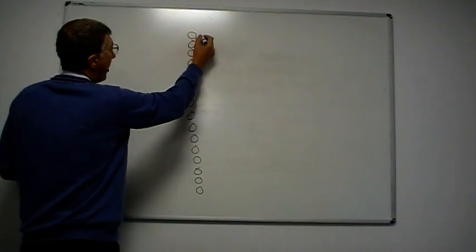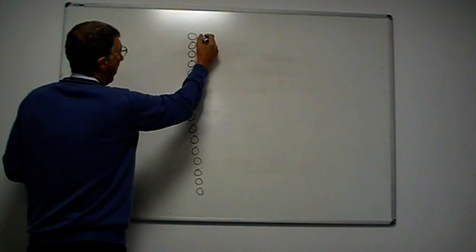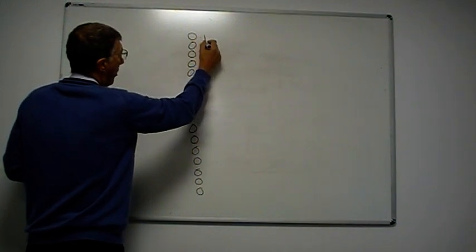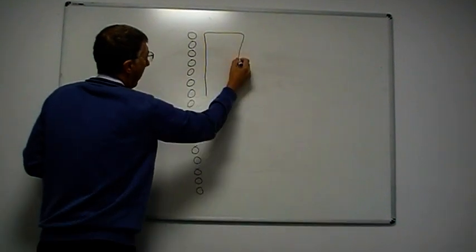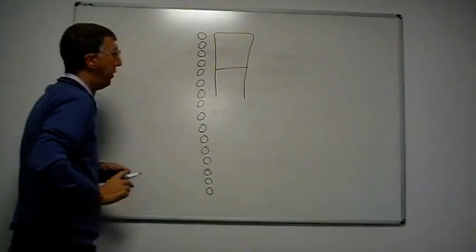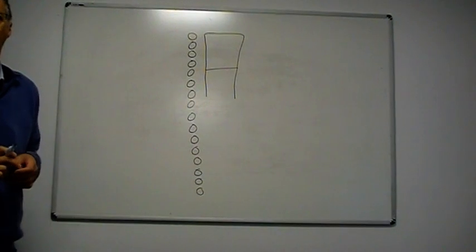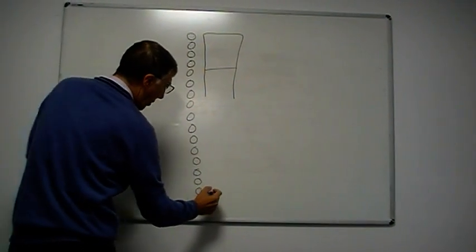So we could have this at the first 7. So that's 1, 2, 3, 4, 5, 6, 7. Gives me a character. I can have it at the bottom 7.